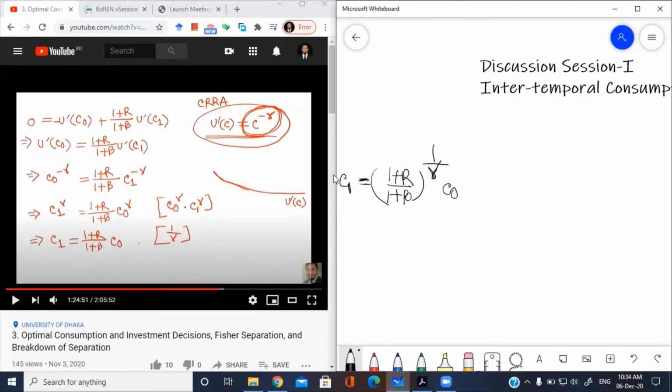In the final line we show that future period consumption can be written in this way, that it is alpha, that means this whole term, just for our notation purpose. I am thinking of this whole term as alpha, and alpha times C naught. So you can think of how the future consumption is related to the current consumption.